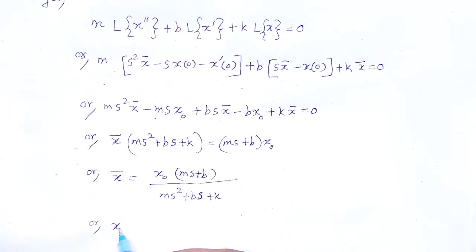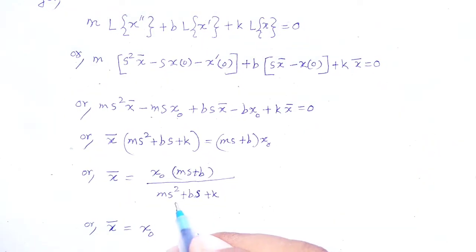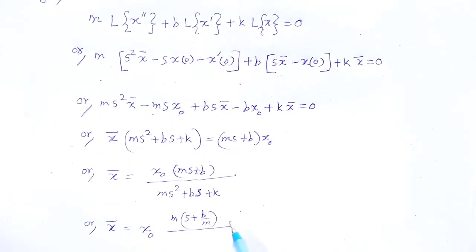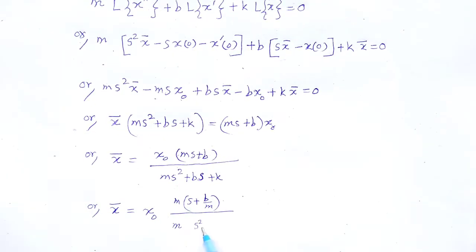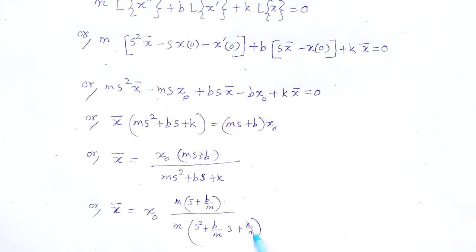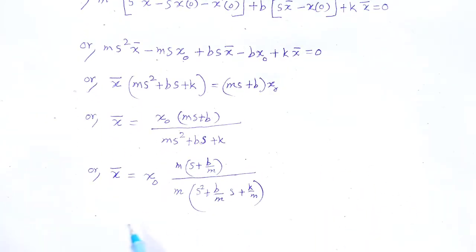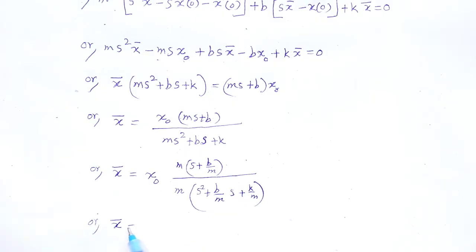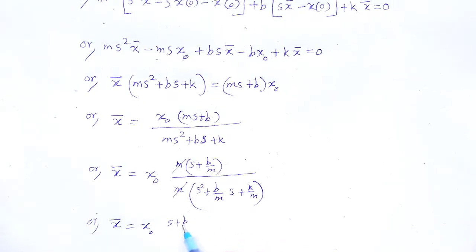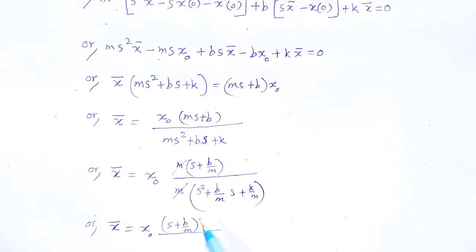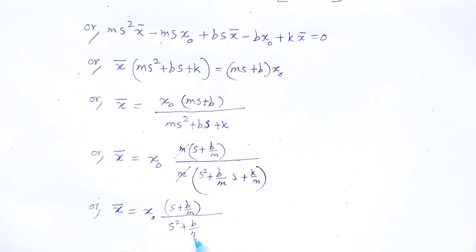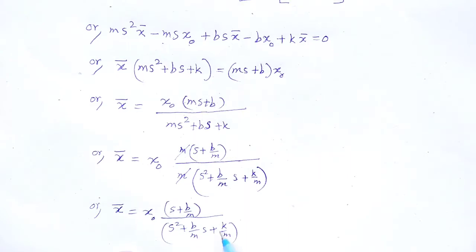Taking m as common, x bar is equal to x naught into s plus b by m divided by s square plus b by m s plus k by m.